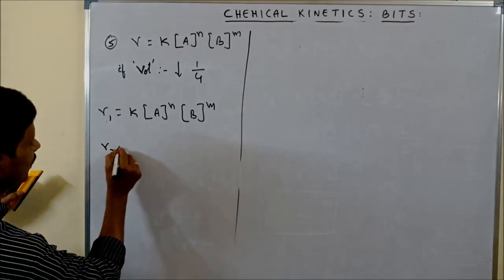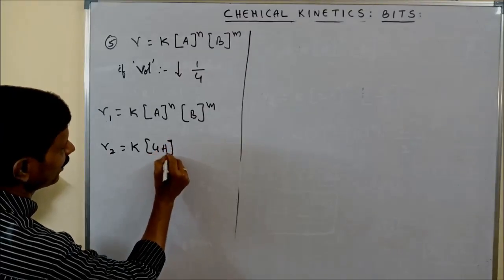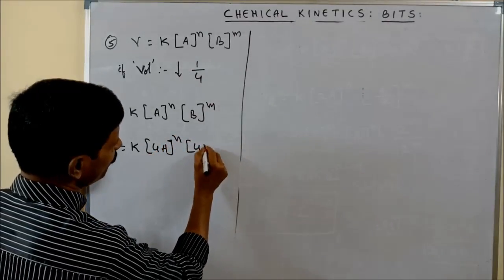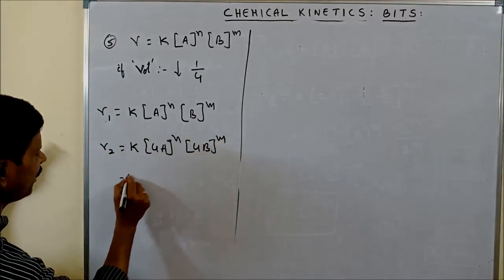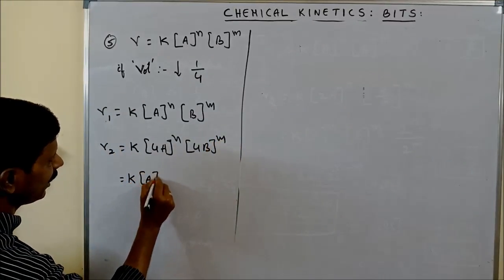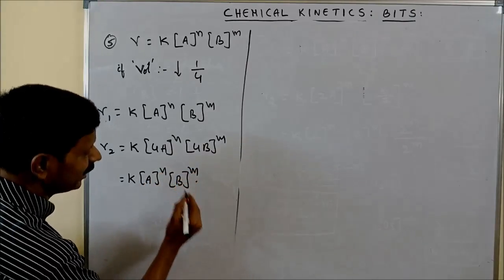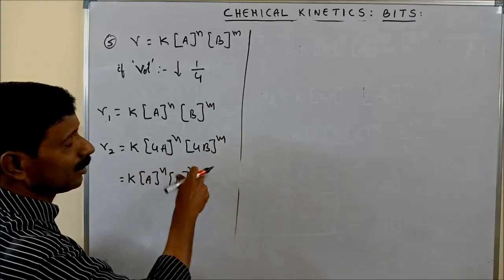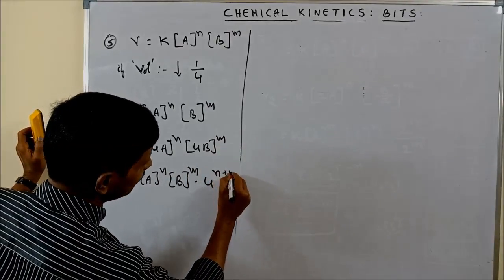So now R2 equal to K into 4A power N into 4B power M. So it will be K into A power N into B power M into 4 power N into 4 power M, means here 4 power N plus M.